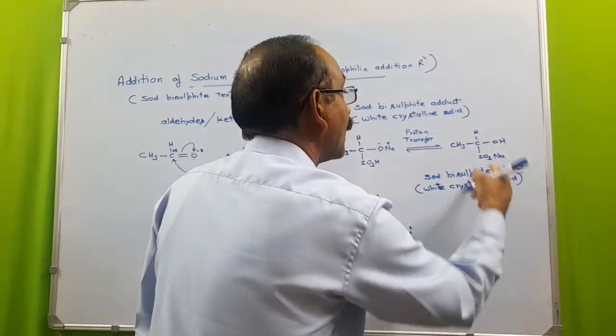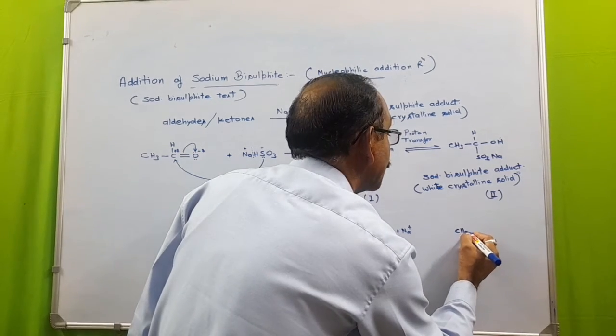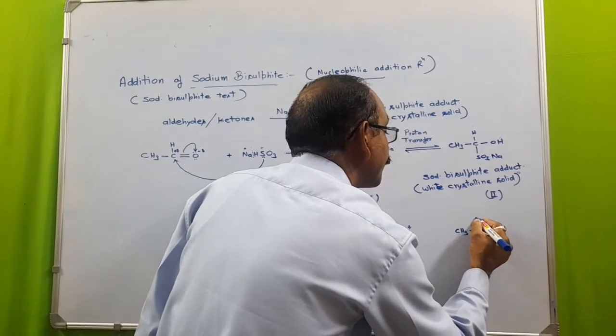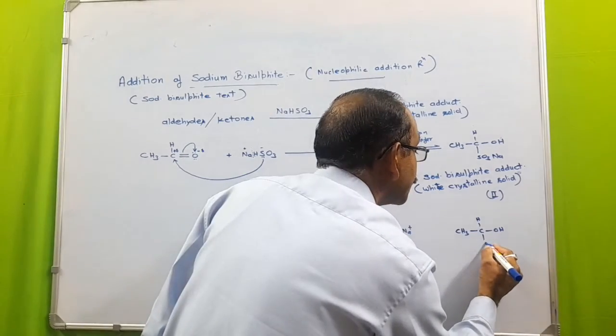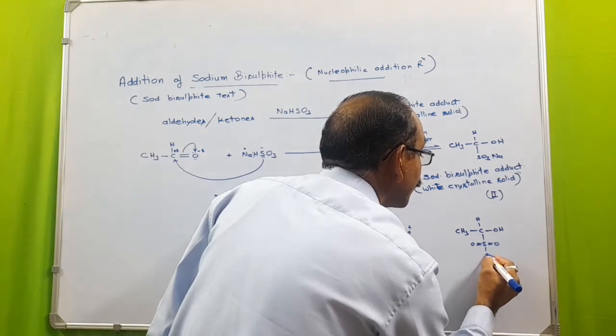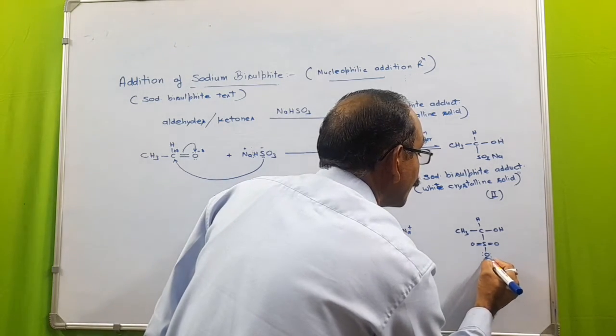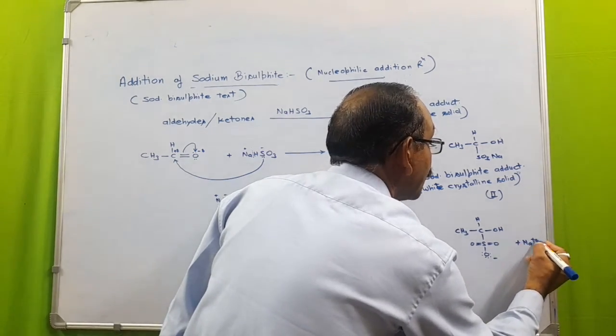From the second structure, the anion obtained is CH3CH OH, and Na plus ion.